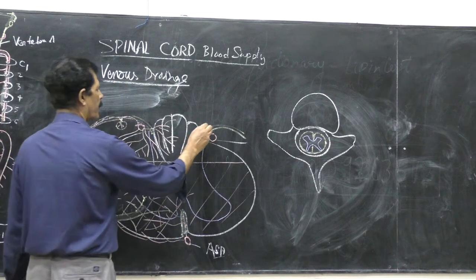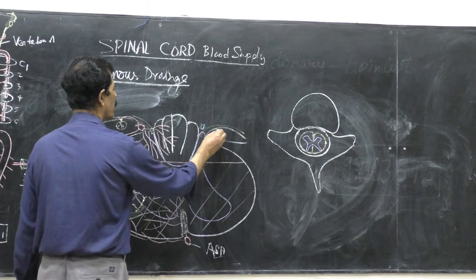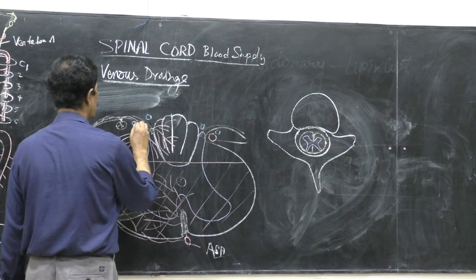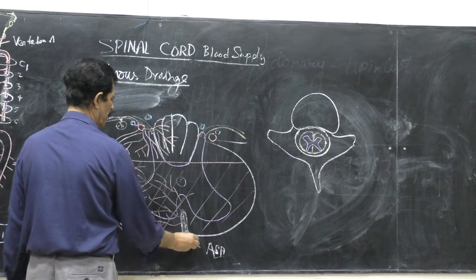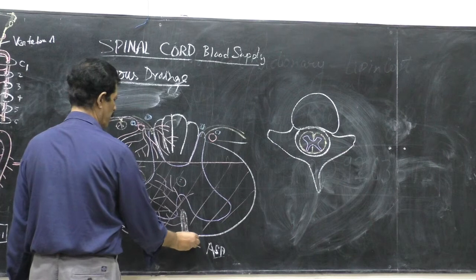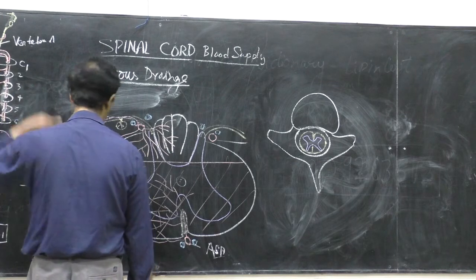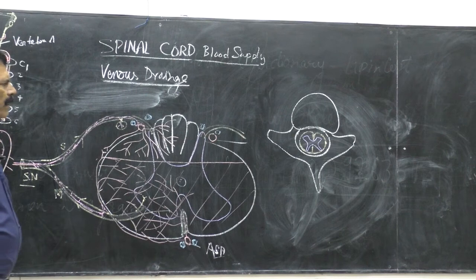So the veins are present: two veins around the posterior root, posterior spinal veins, and two veins accompany the anterior spinal artery. So they run longitudinally along the 45 centimeter long length of the spinal cord.